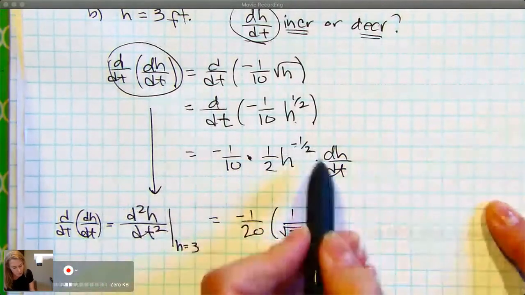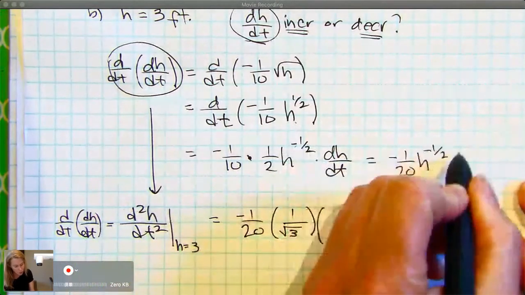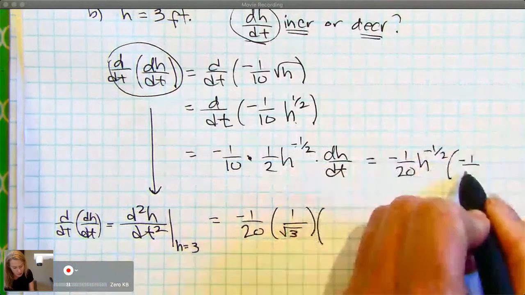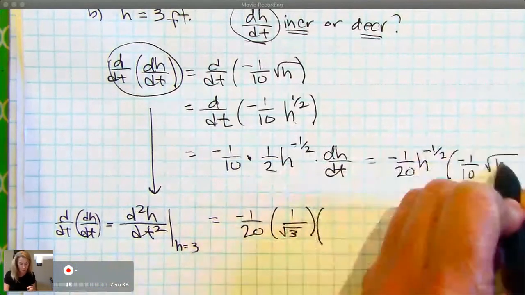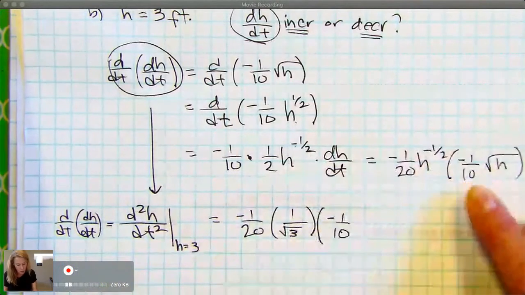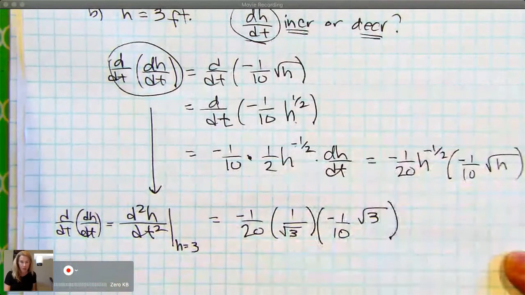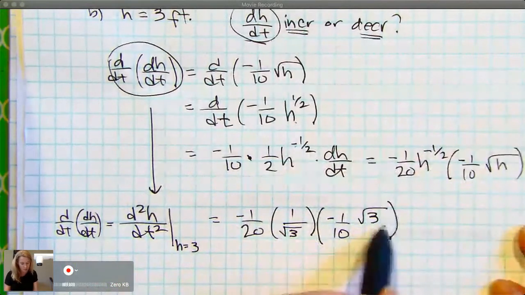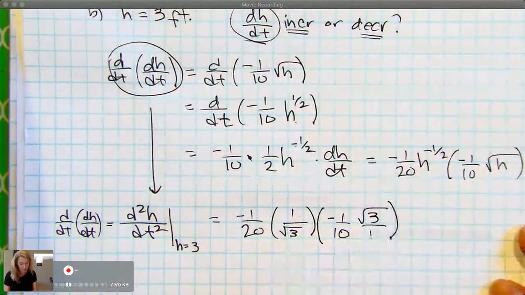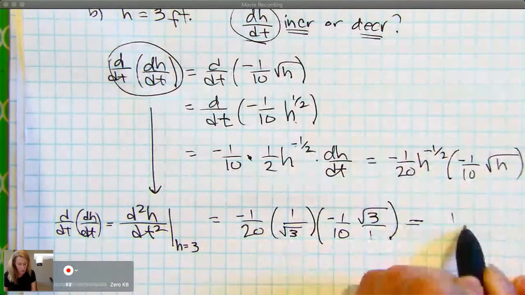The dH/dt was -1/10 root h, so again I have a -1/10 and then square root of 3. Hopefully you see that root 3 over root 3 reduces to 1. I have negative times negative, so I have positive, and then 1 over 200.